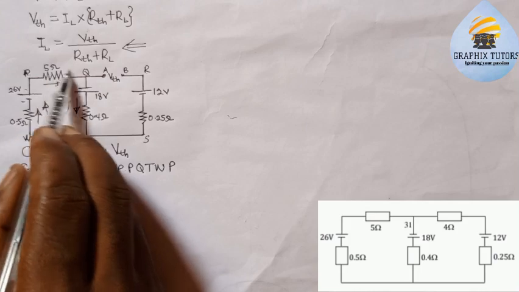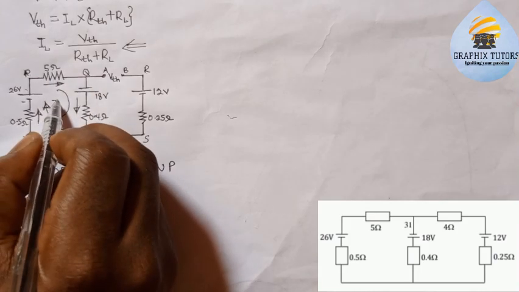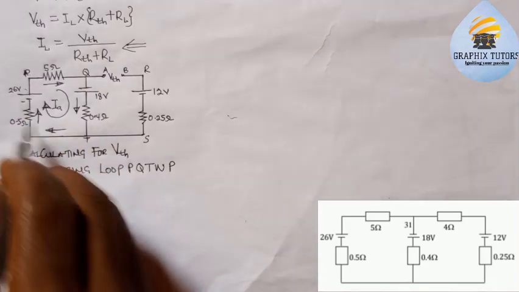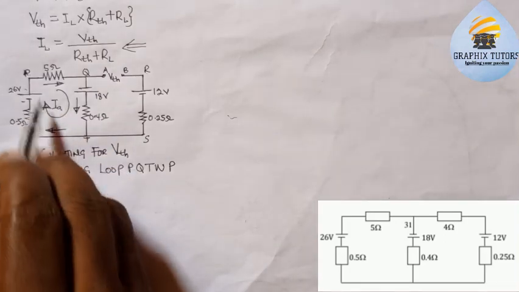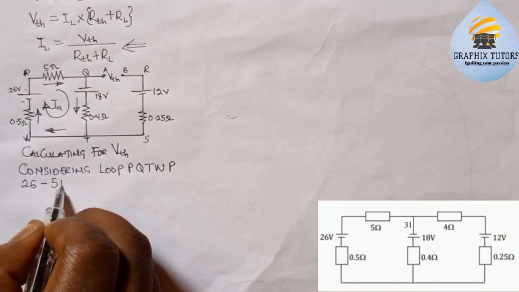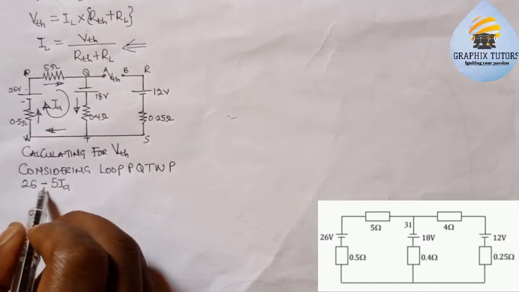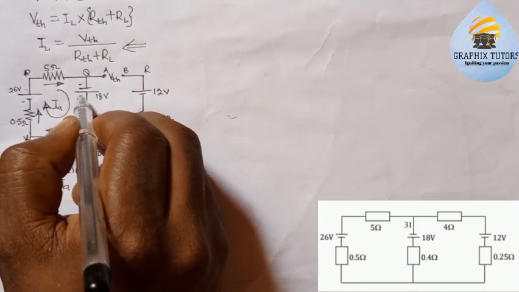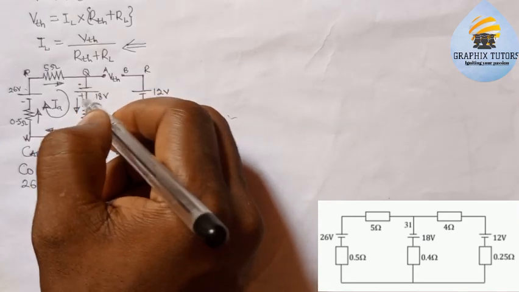Now since we're moving here, we'll call the current IA, right? So we have 26 minus, there will be a voltage drop here, that will now give me 5IA, because of the voltage drop, that I'm putting negative. Now this is also negative to positive, so you're moving from lower potential to higher potential.